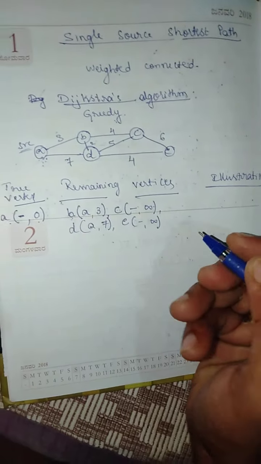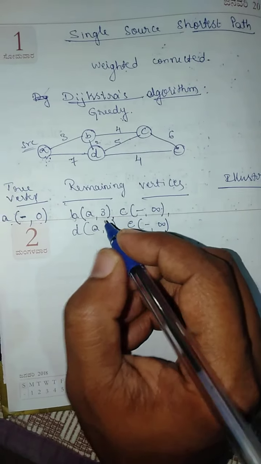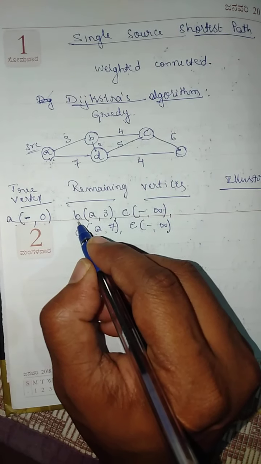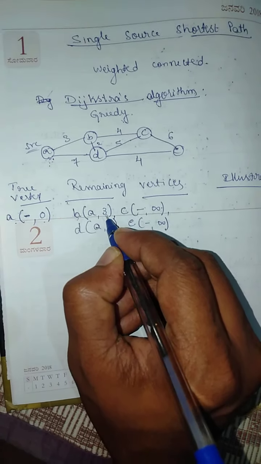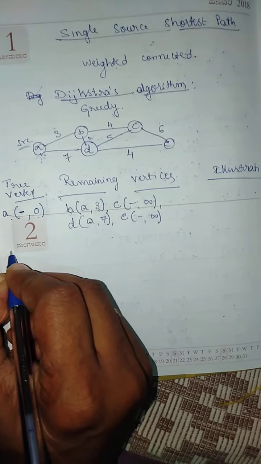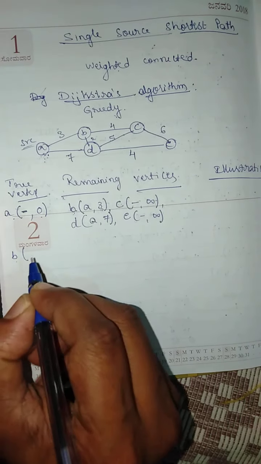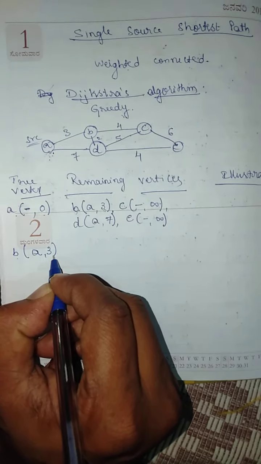Now out of these remaining vertices, which is the minimum one? So obviously it is the value 3. Therefore into the tree vertices you have to add the vertex B, and this vertex B is reachable from A with a cost of 3, isn't it?